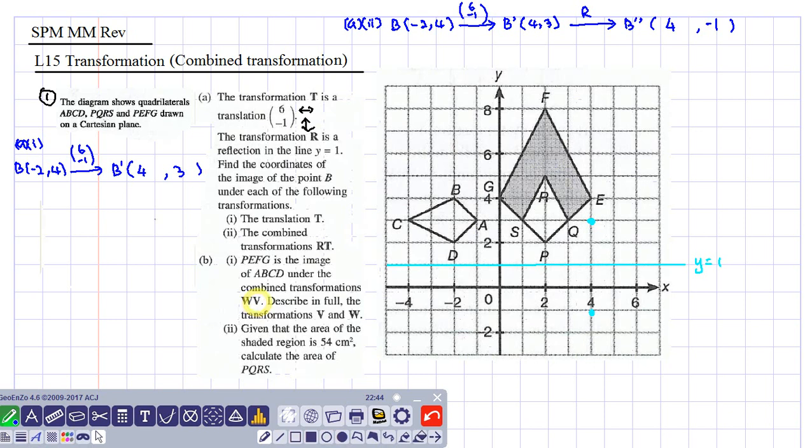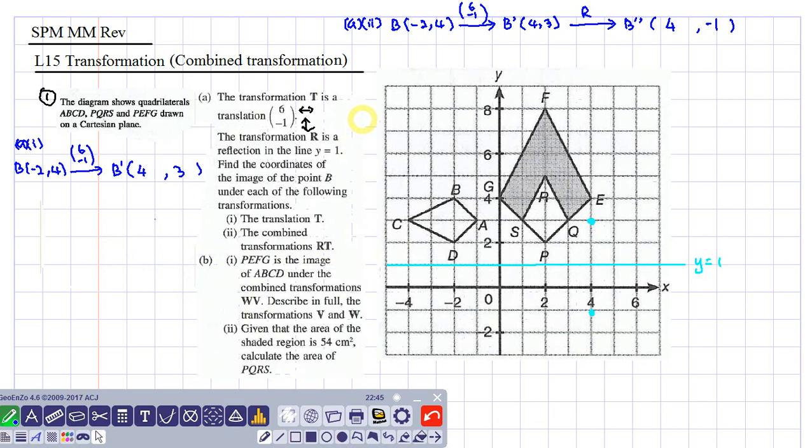WV means that V is the first transformation. This question is actually giving us a hint. It wants us to know that ABCD goes to PQRS first, then PQRS is enlarged to become the final image PEFG.